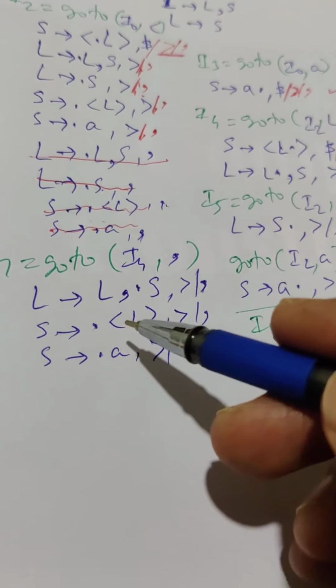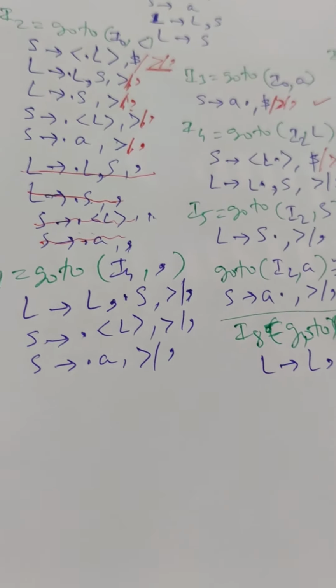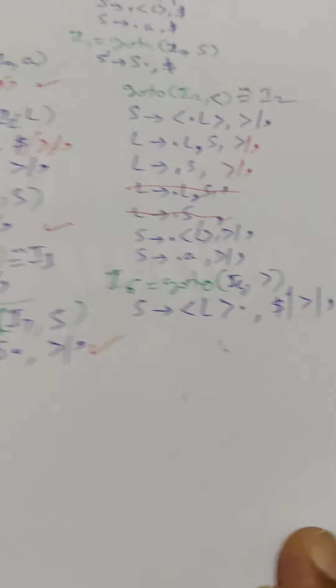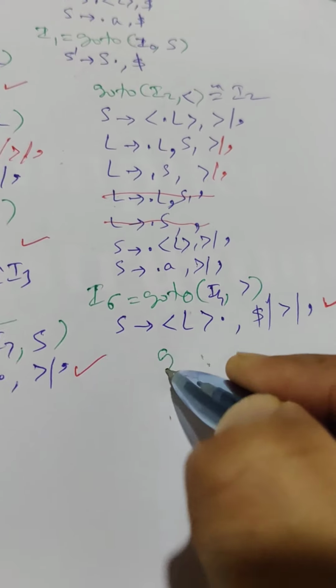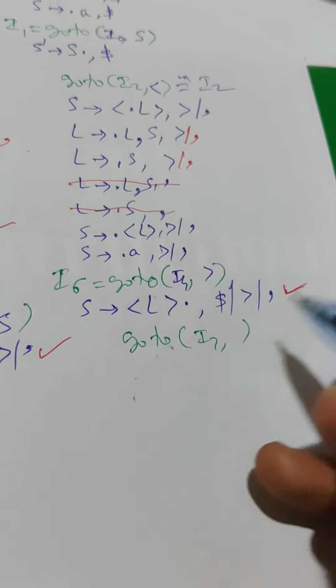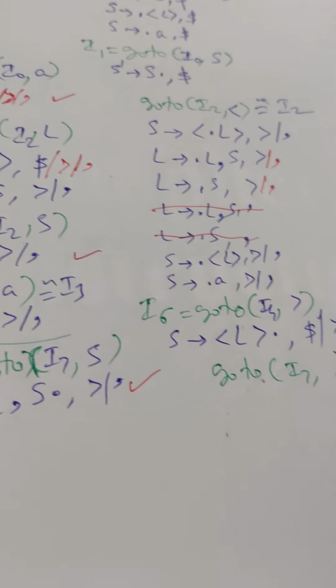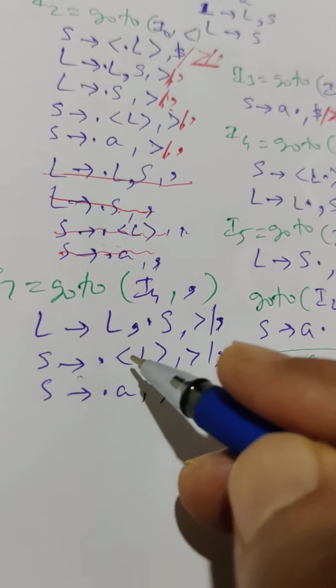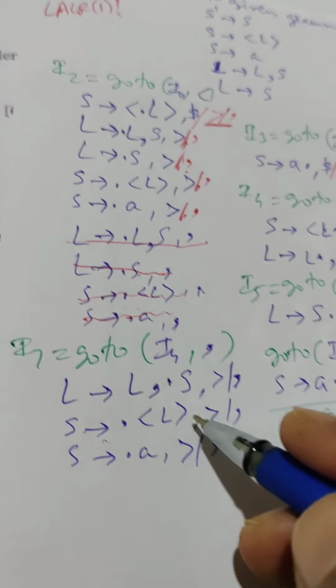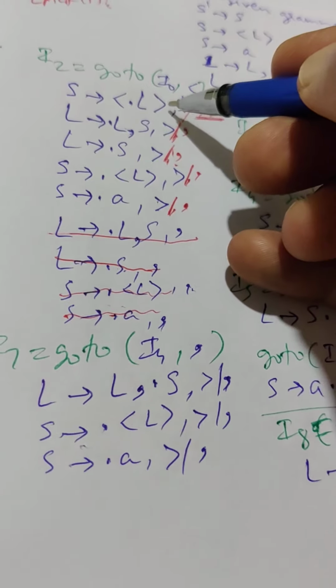I7 comma S, no. So now next is going to be I7 comma less than sign, and that we will write here. So goto of I7 comma less than. So that is going to be S goes to less than dot L greater than. That is going to be same as item number 2.